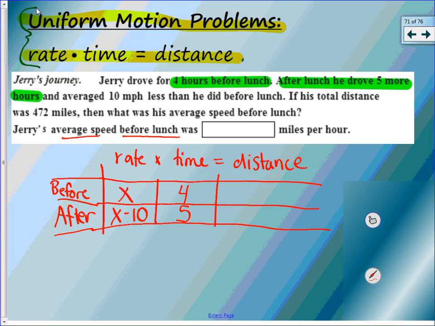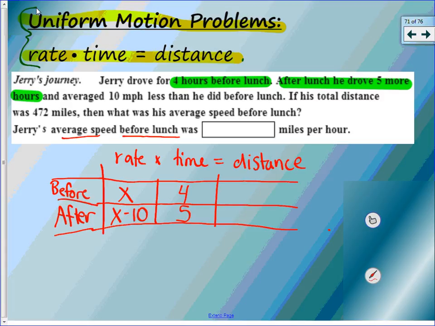And you never, ever, ever, in this chapter at least, want to introduce another variable. So if you're starting to put y's in there, stop. Because you want to think, how could I write this with an x in terms of what we know with the problem? And now, we don't want to fill in the third column with the 472. You want to fill in the third column with the equation, okay?